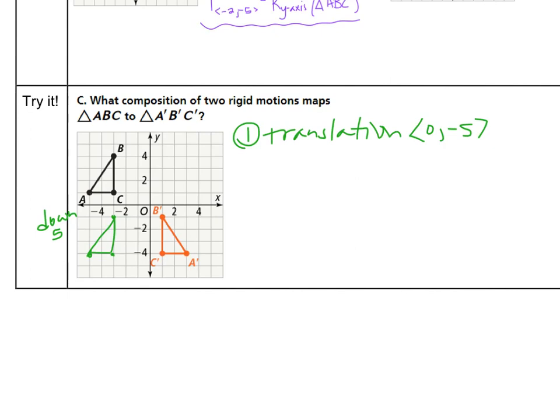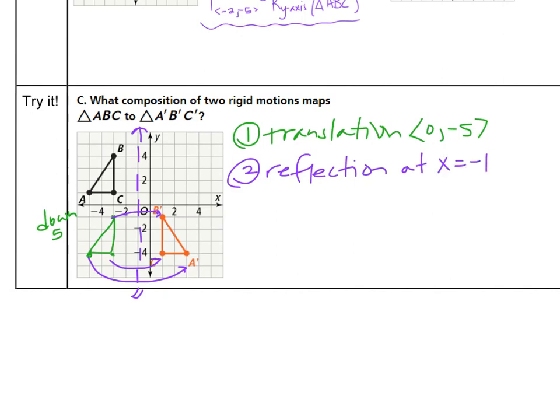Then we need to figure out how can we get A to map all the way over to A prime, C to C prime, and B to B prime. Can you tell where that line would have to go to reflect it? I think if we draw it right down here through the middle, that's a vertical line, so that would be a reflection, and that's a vertical line where x equals -1.